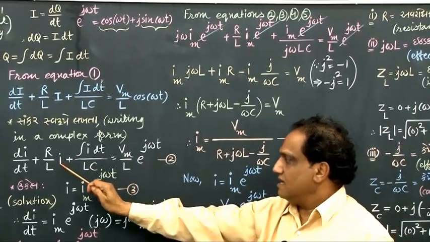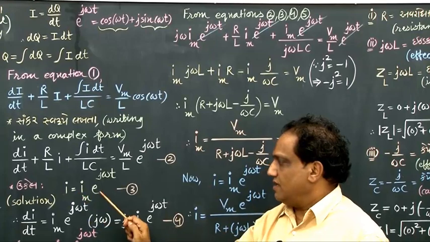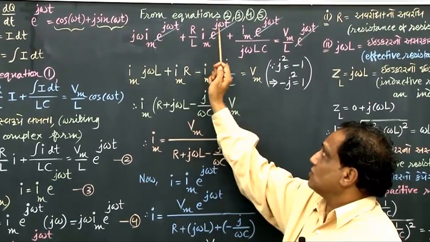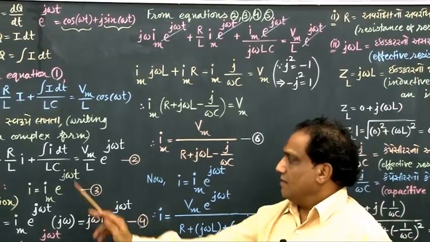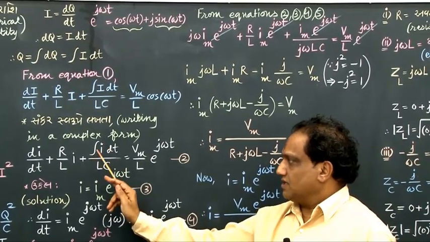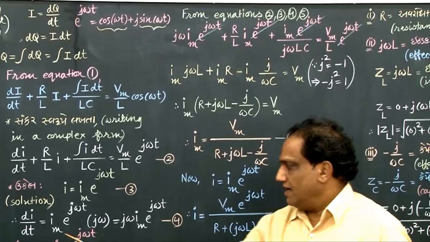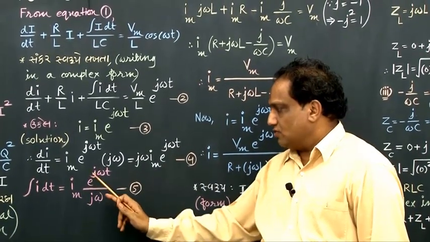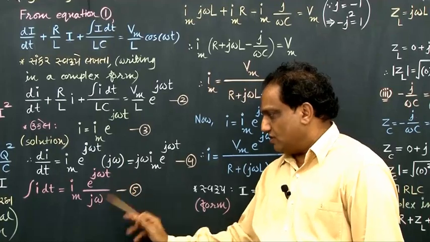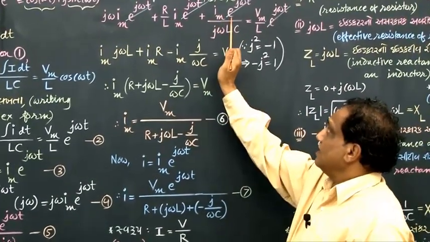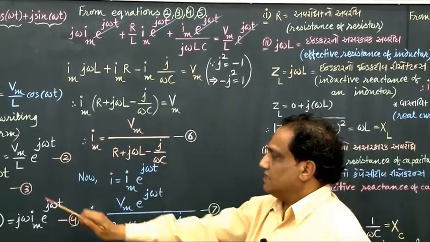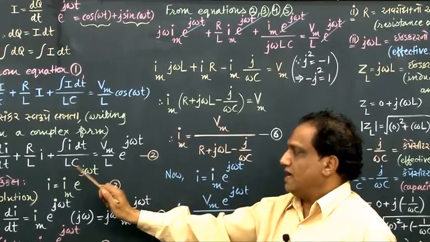What is i? i equals Im e raised to j omega t, plus integration i dt, which is Im e raised to j omega t upon j omega, and this L into C in the denominator as it is.